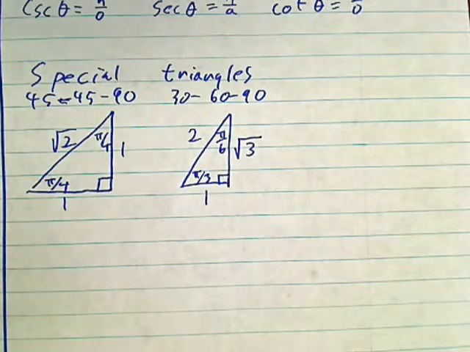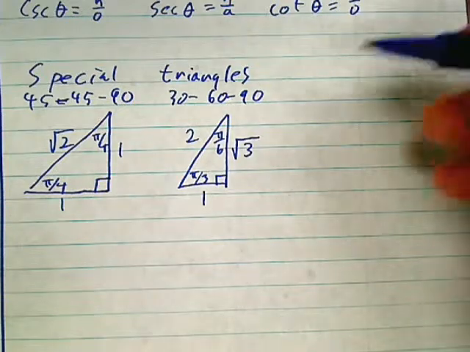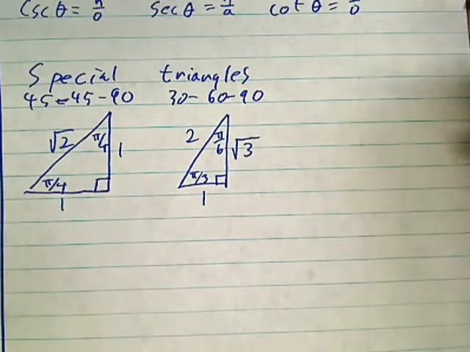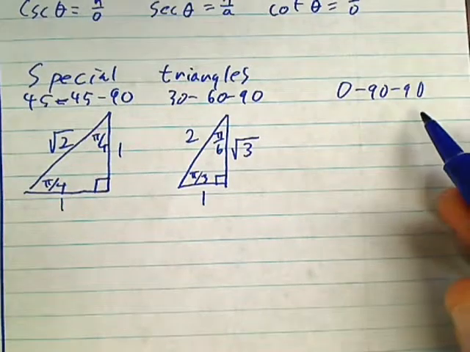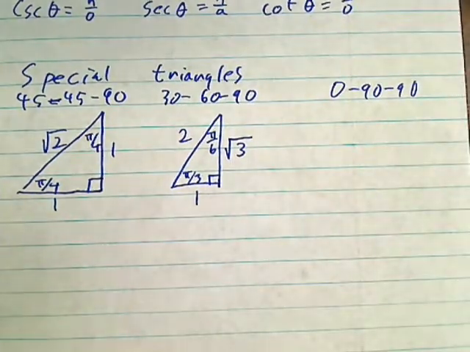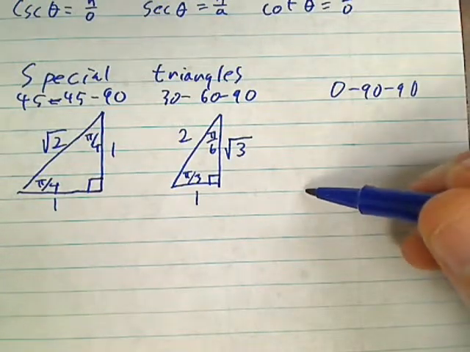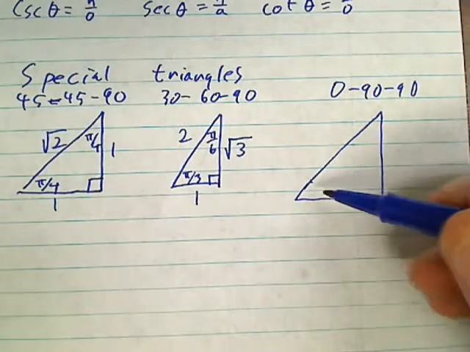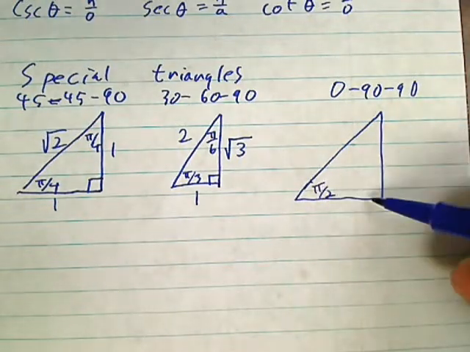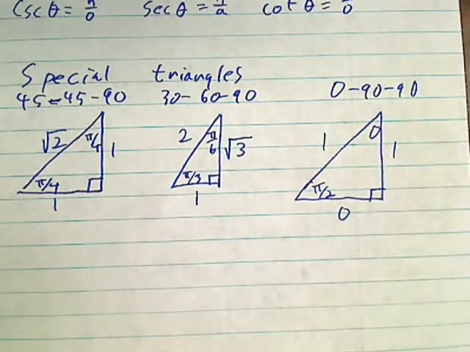And one last triangle. This is the silly one, but it's necessary for some. I feel silly saying it, but 0, 90, 90. You're probably wondering what in the world I'm talking about, a 0, 90, 90 triangle. Well, sorry, I have to do it. Let's put pi over 2 here, because that's 90, and 0 here, and the sides are going to be 1, 1, 0.